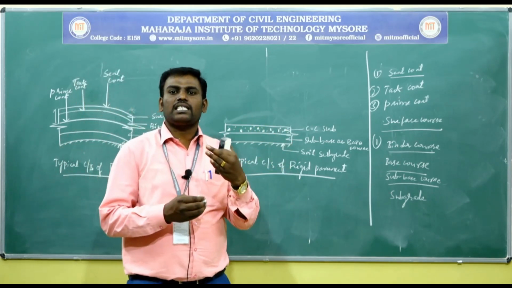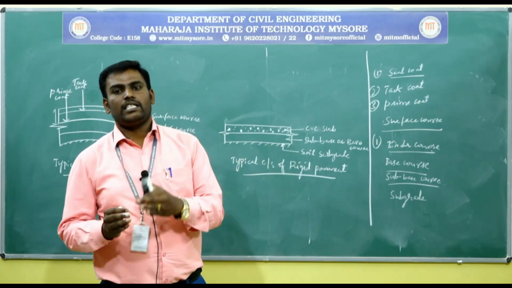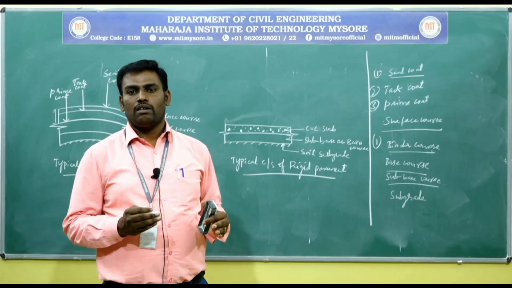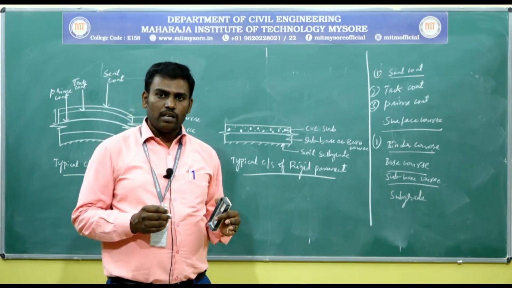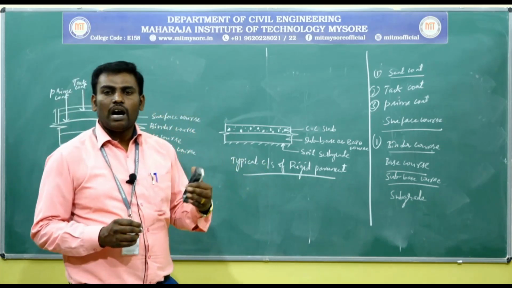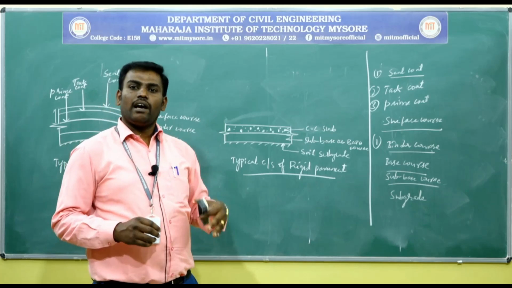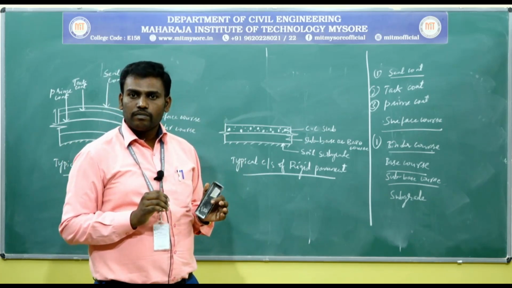The stresses coming from the above layers, your subgrade has to receive. Is it clear? The major function of the subgrade is to receive all kinds of stresses coming from the above layers.